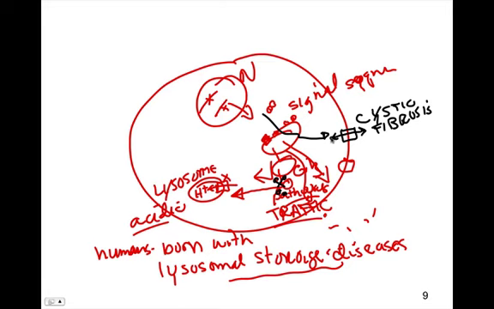And in some cases, people have a mutation in a gene for this protein. But in other cases, they have mutations in a gene that is essential to get this to the cell surface. And so tragically, they may make a functional protein, but it just doesn't get delivered to where it needs to be. Okay, so that's just a little addition.